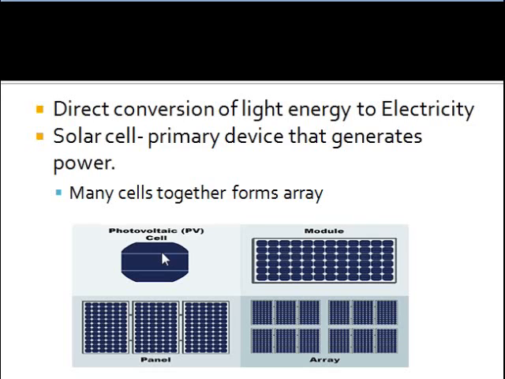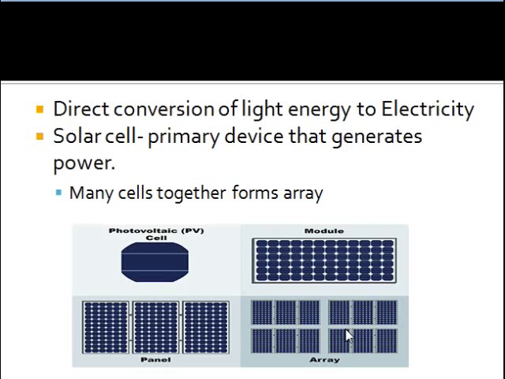And if one cell is there, then it's an individual cell, that is a photovoltaic cell. And if this one cell is combined with many cells, that will be called a module. A module will be hardly somewhere around 3 feet or something like that, and those modules, if connected to each other in a row or something, that is called a panel, and many panels constitute the array.